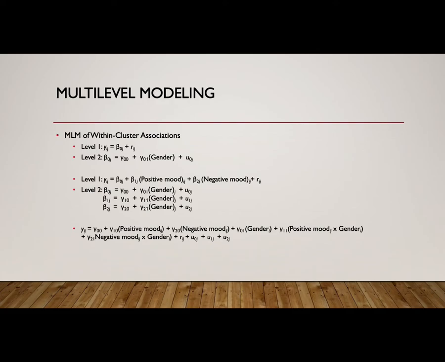And if any of those, γ01, γ11, γ21, are statistically significant, then we have what? What is that called? It's a cross-level interaction, right? And that would be the fact that gender is moderating the slope, the B1J or the B2J.